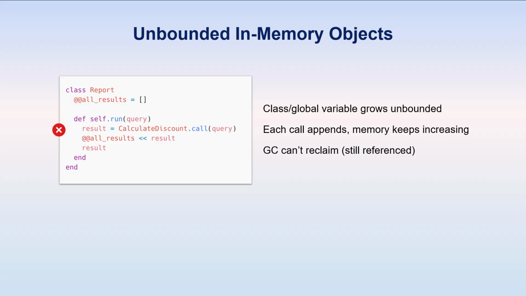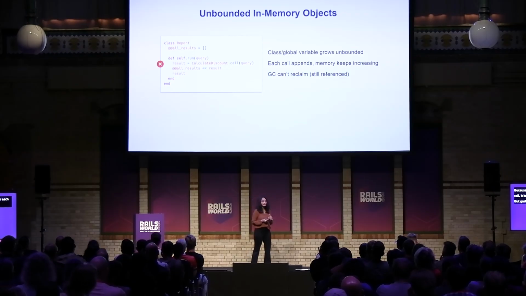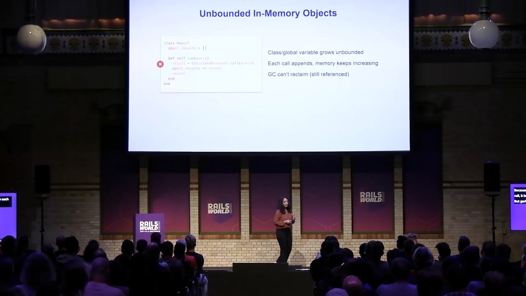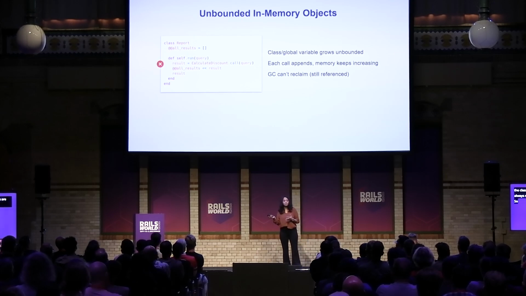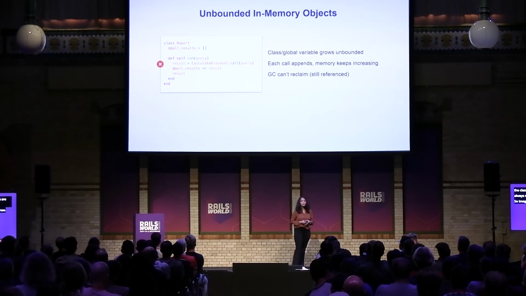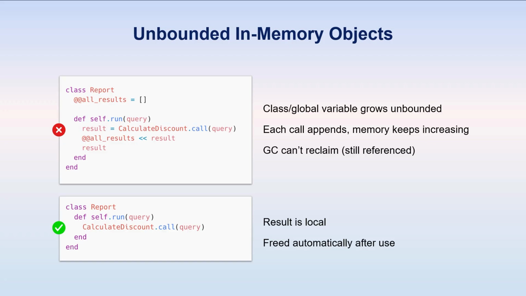The garbage collector cannot release it because class variables or global variables are always referenced. So imagine how much it can grow. Instead of storing this in these kinds of variables, you can just write a method. The result is local, and you can just return the values. And these are freed automatically after use.